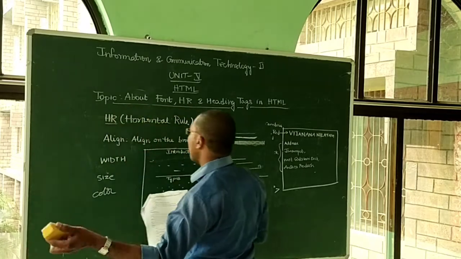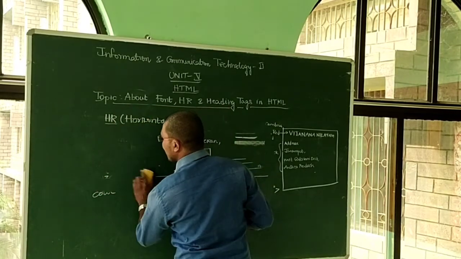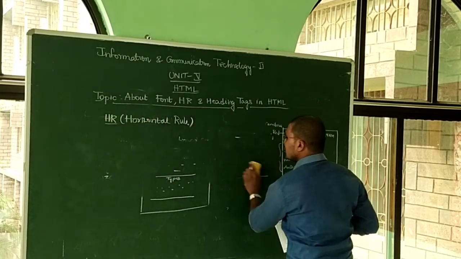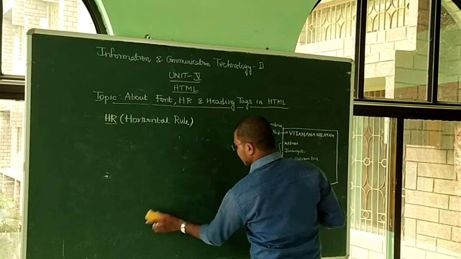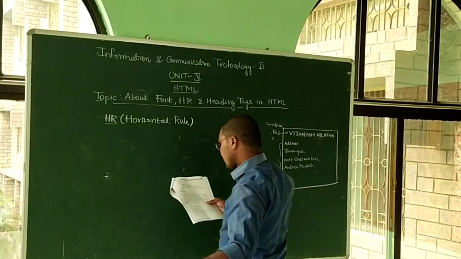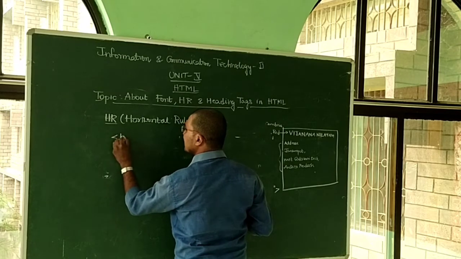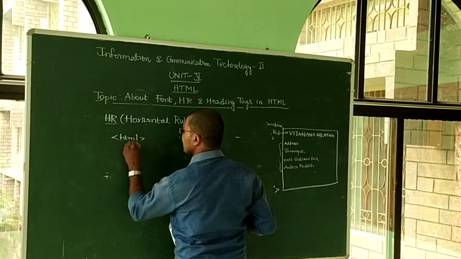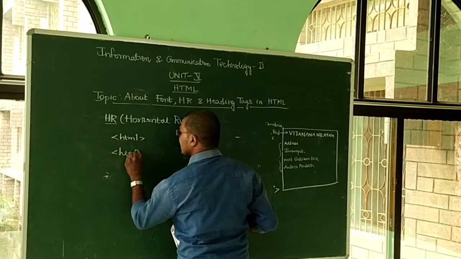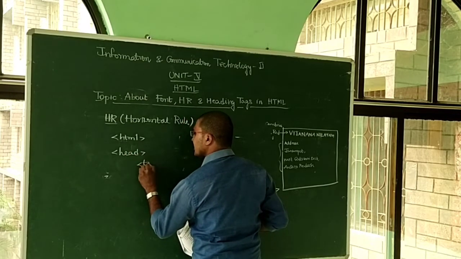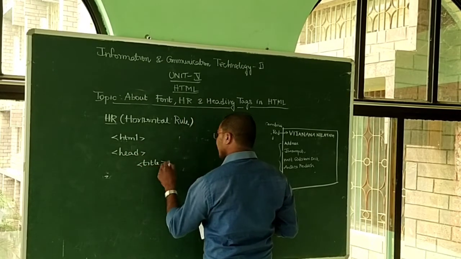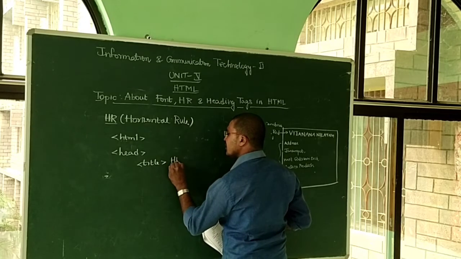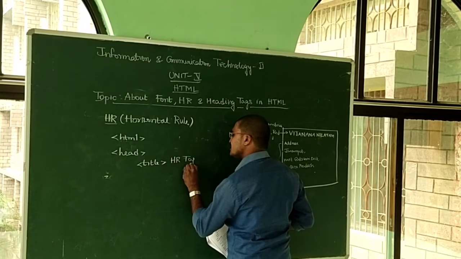Okay, let us prepare one sample program to create a horizontal rule in a web page. First we create the HTML tag, the next one is the head tag, and then prepare the title. I want to draw a horizontal rule, so the title is also HR tag.